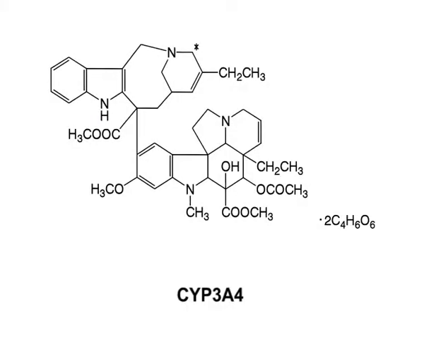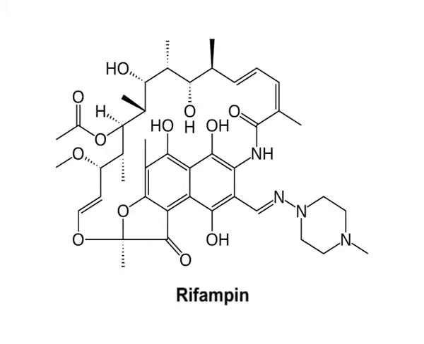Inhibitors of cytochrome 3A4, that is CYP3A4, for example clarithromycin, itraconazole, etc., increase its blood levels, while inducers like carbamazepine, rifampin, etc. may decrease its efficacy.